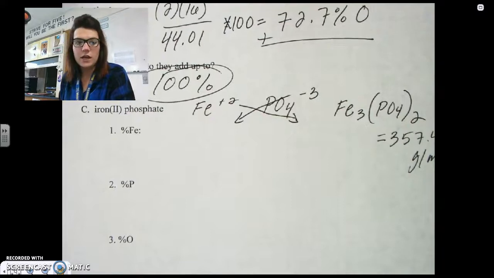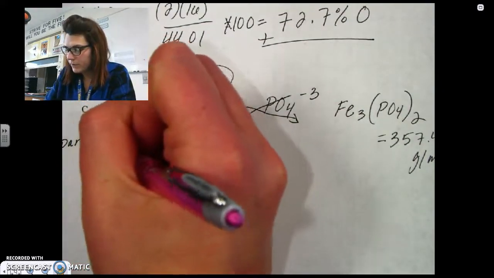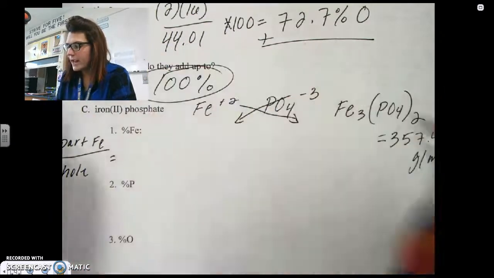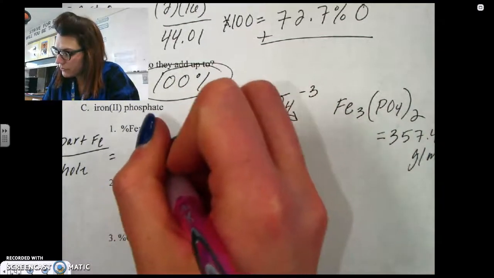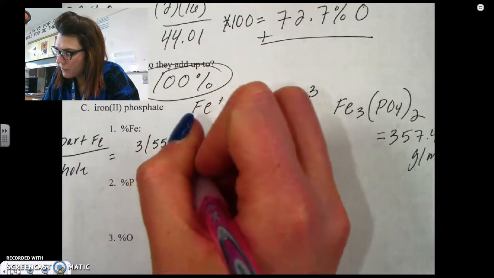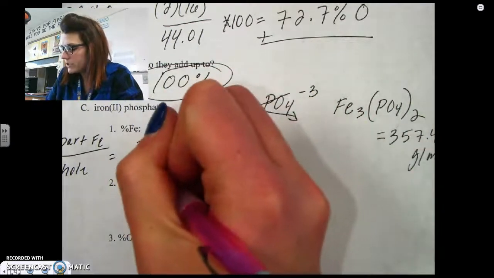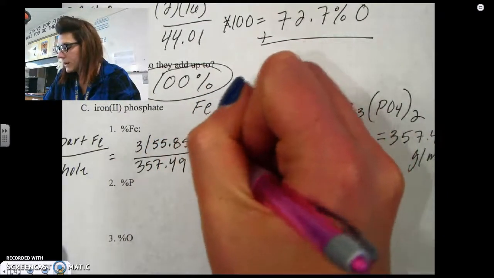All right, so let's do this. Percentage of iron. So I'm doing part iron over whole. Now, it's important to note that I have 3 irons here. So I'm going to have to do 3 times 55.85 divided by my whole, which is 357.49 times 100.